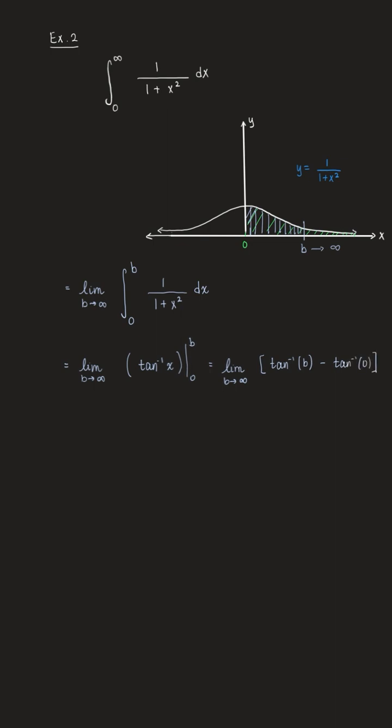Okay, let's talk about tangent inverse of 0. This is asking us for the angle between negative pi over 2 and pi over 2 whose tangent is 0.